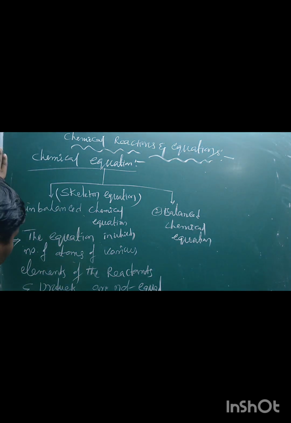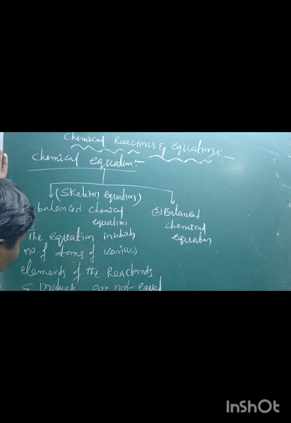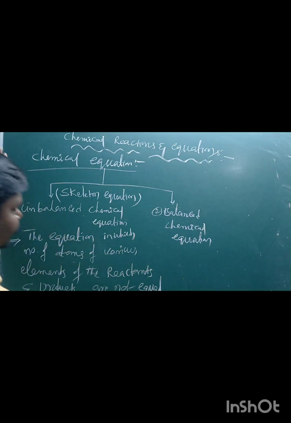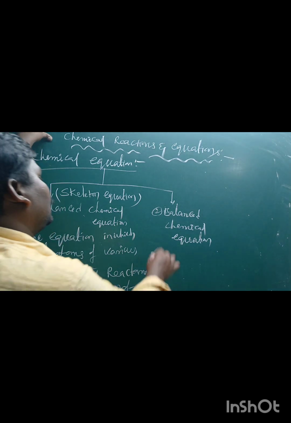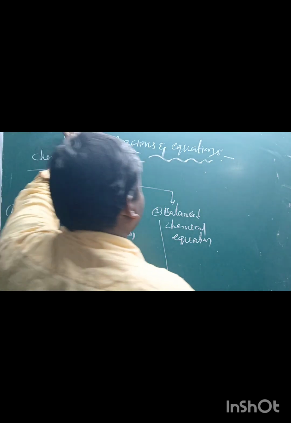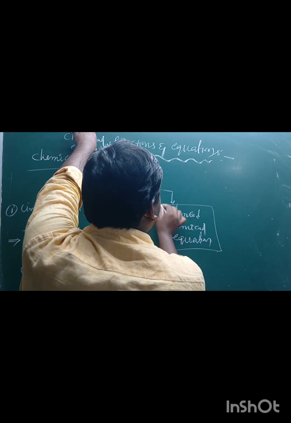Take one more example: H2 plus O2 gives H2O. Like that. Now, what is a balanced chemical equation? The definition of a balanced chemical equation.